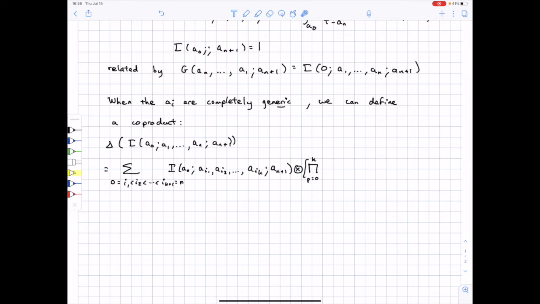So the p is from 0 to k, so it's going along with these indices here.